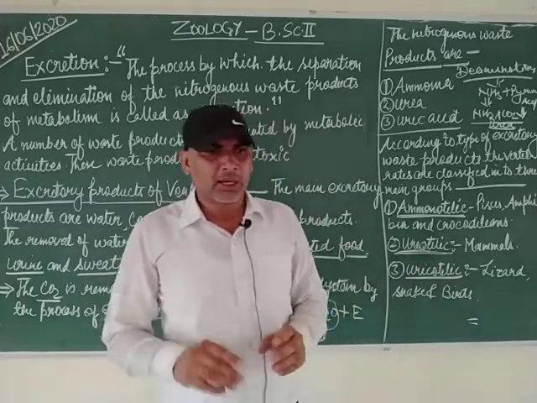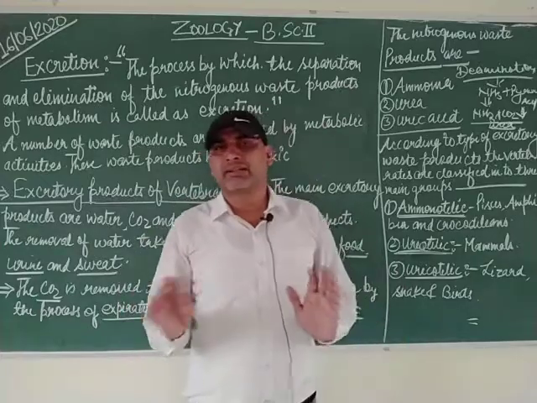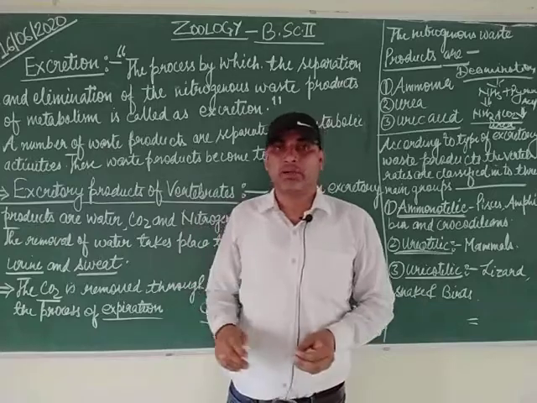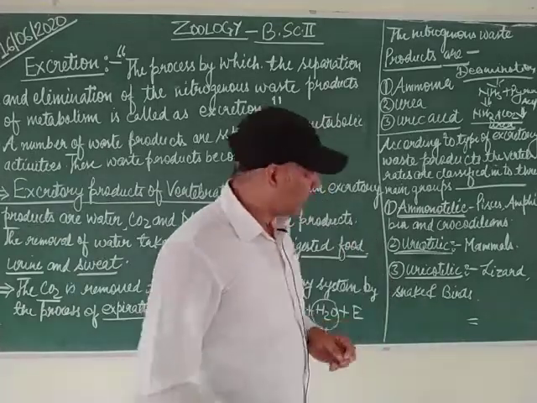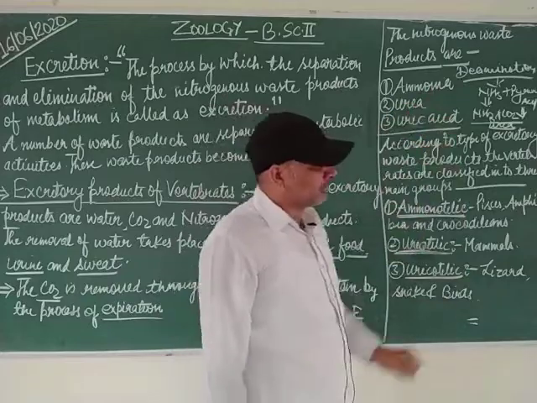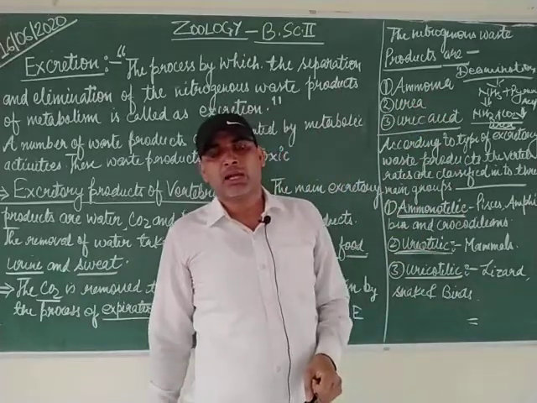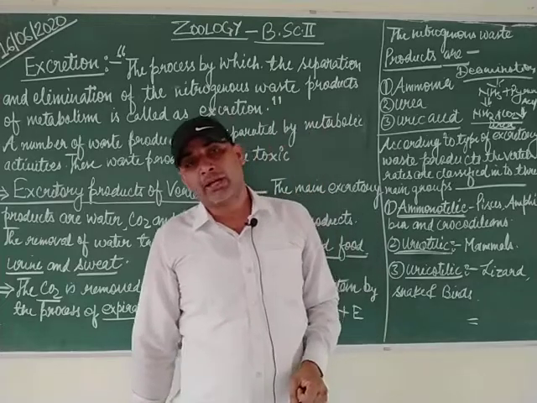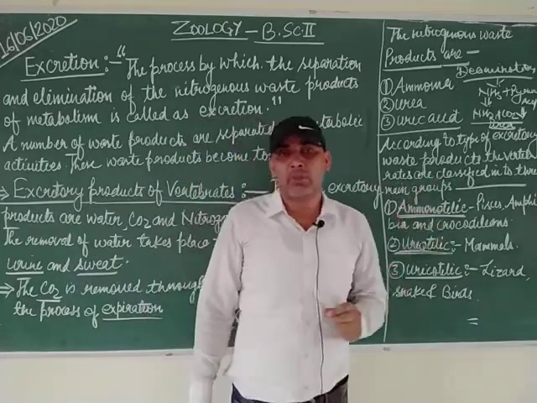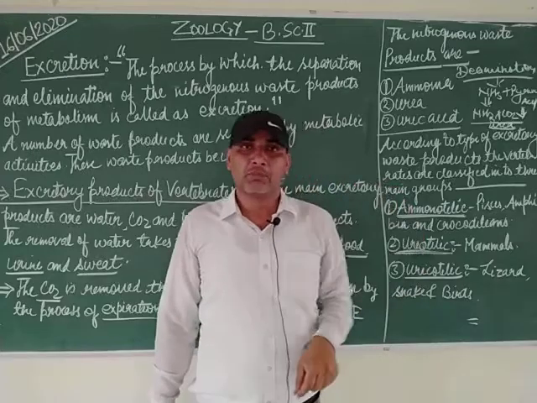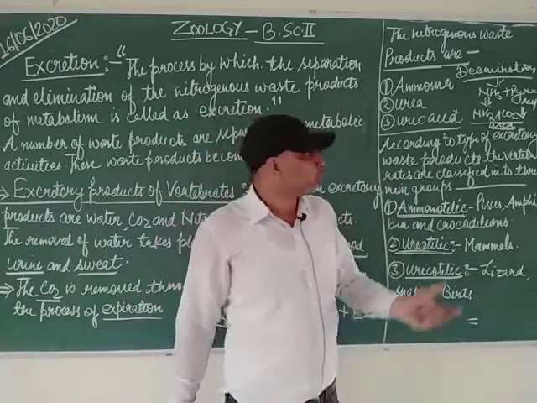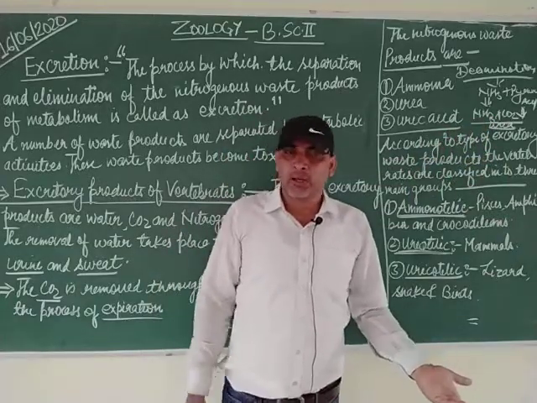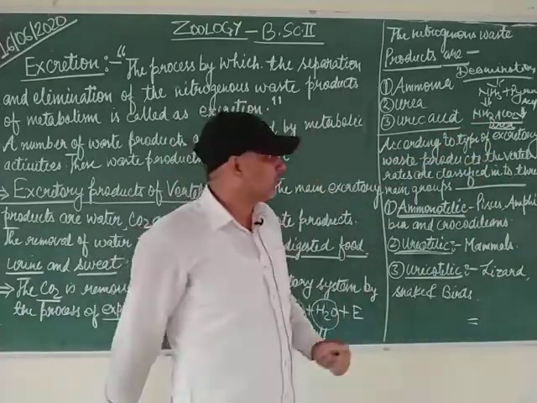So here, the deamination process forms a lot of ammonia and pyruvic acid, and the ammonia combines with carbon dioxide with the help of the urease enzyme to form urea. Urea is another nitrogenous waste product, and after that uric acid forms.